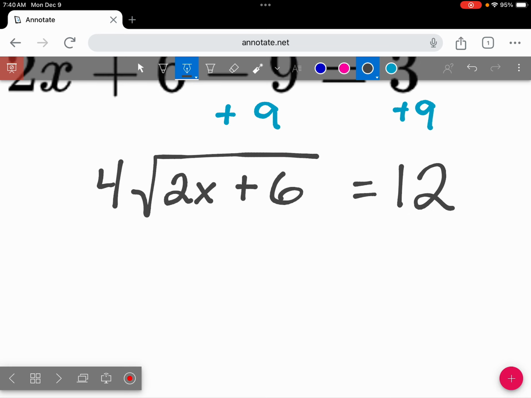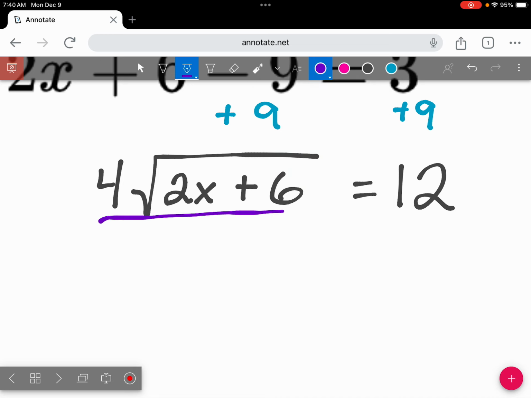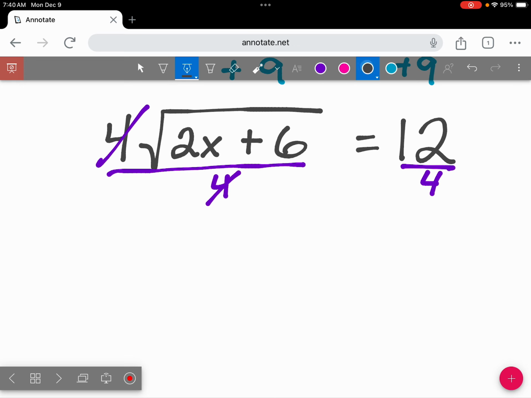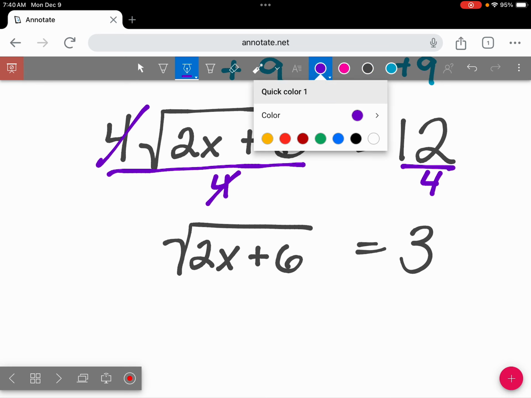Then what? Divide by 4. That 4 and that 4 will cancel out, leaving our square root of 2x plus 6 equals 12 divided by 4, which is 3.